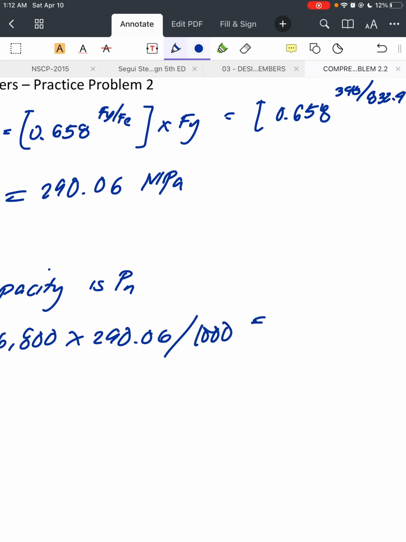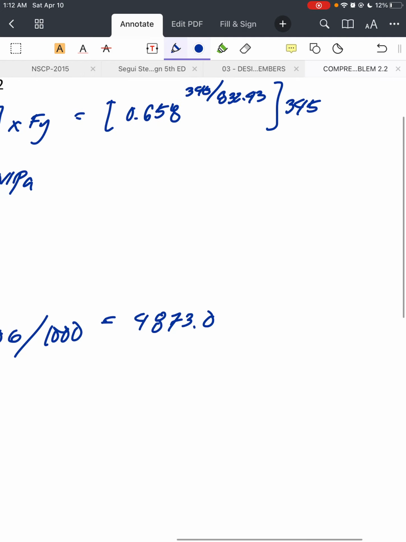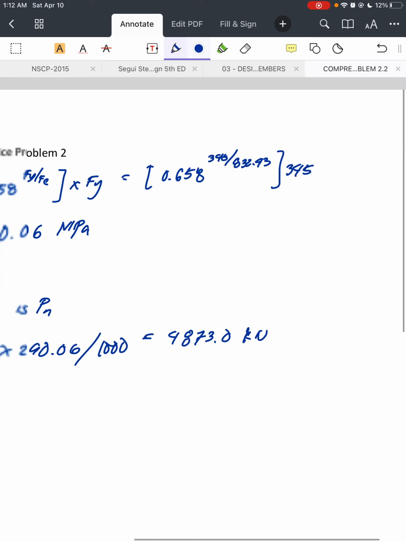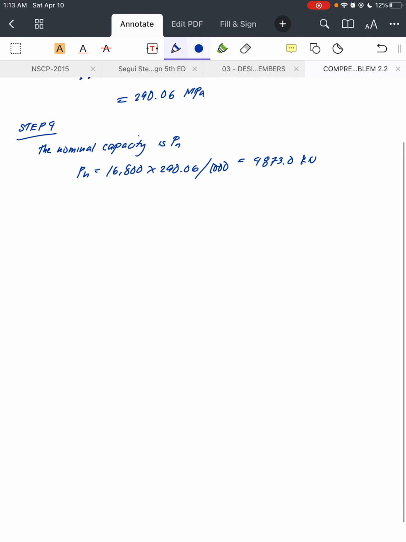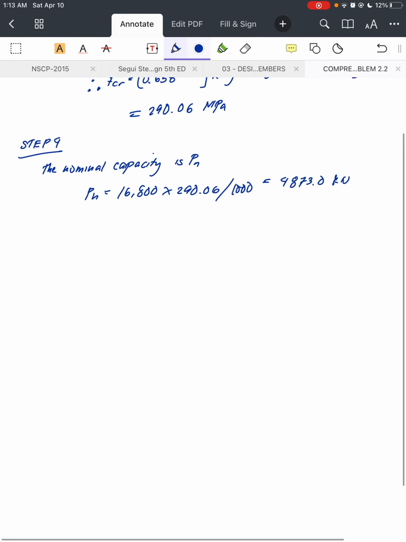So this should be equal to 4,873.0 kilo Newton. Okay, so we now have our value for our nominal capacity Pn. So we can now compute for the design capacity in ASD and LRFD.